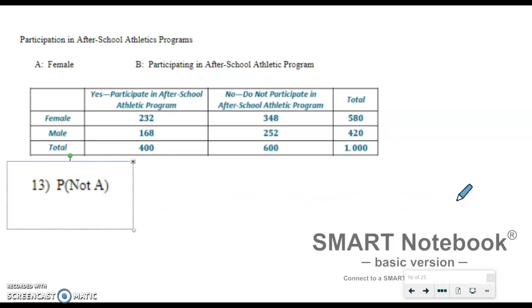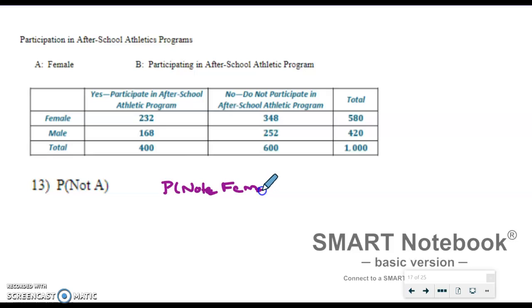Okay. All right, so what is the probability of not A happening? Or what is the probability that it's not a female? Okay, so we're taking 1 minus the probability that it's a female.